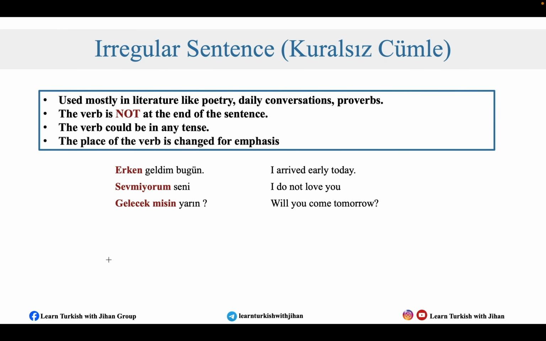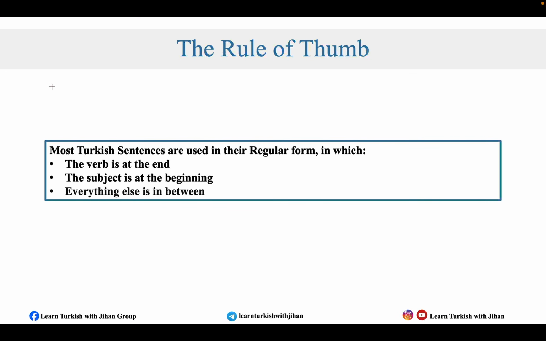So what you need to know here is the rule of thumb of Turkish sentences. Most Turkish sentences are used in their regular form, where the verb is at the end, the subject is at the beginning, and everything else is in between the subject and the verb. This is the rule of thumb. This is what you will study in books.